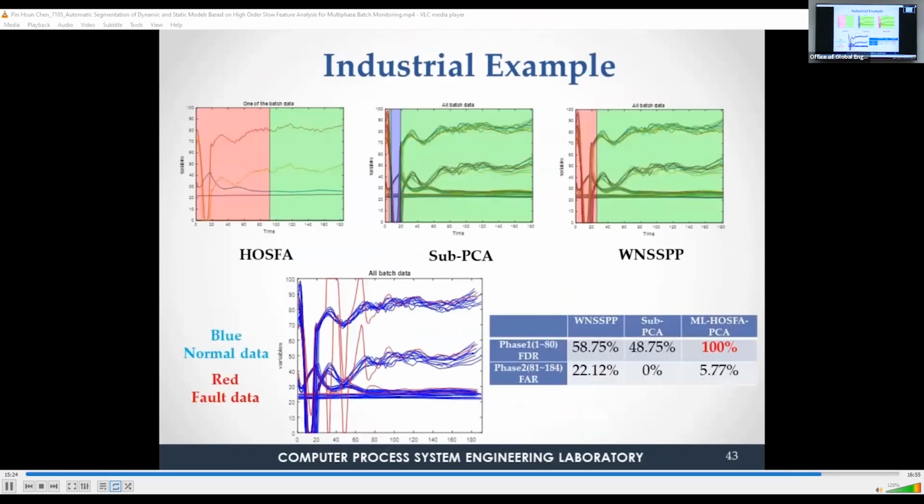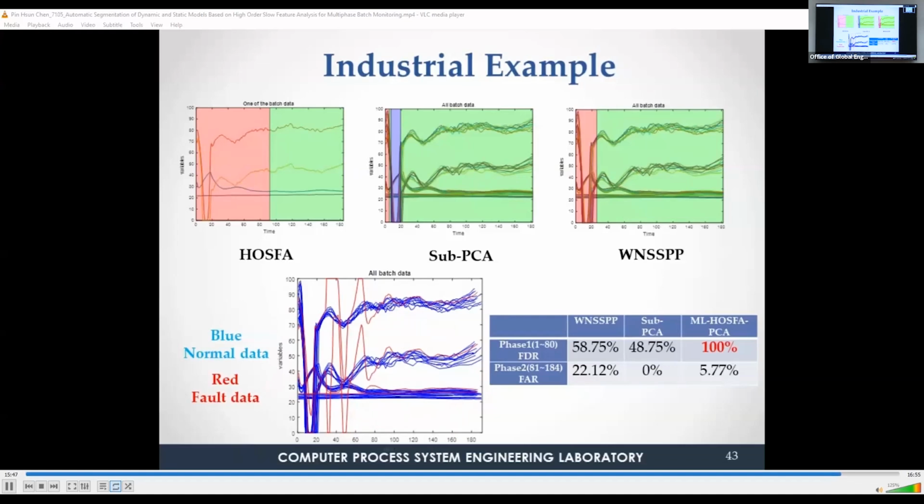And we put this process into MLHOSFA PCA, sub-PCA, and WNSSPP for comparison. The above 3 pictures are the classification results of the different methods. The blue line in the picture below is the normal data, and the red line is the fault data.